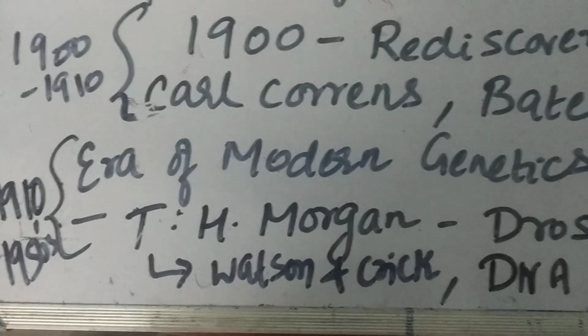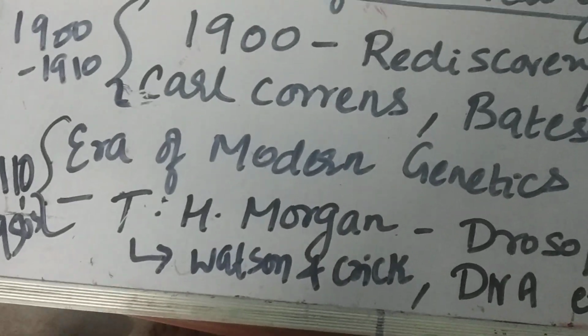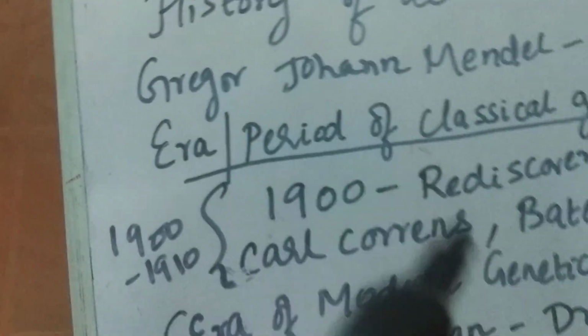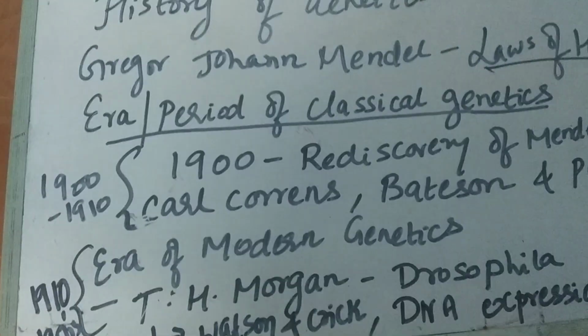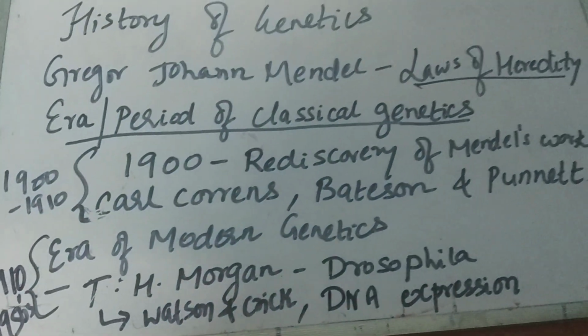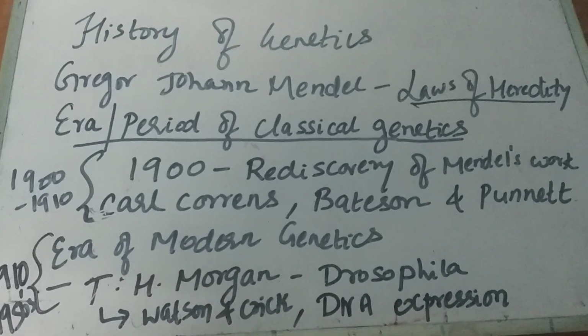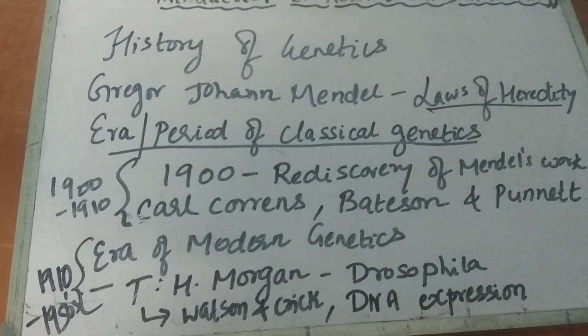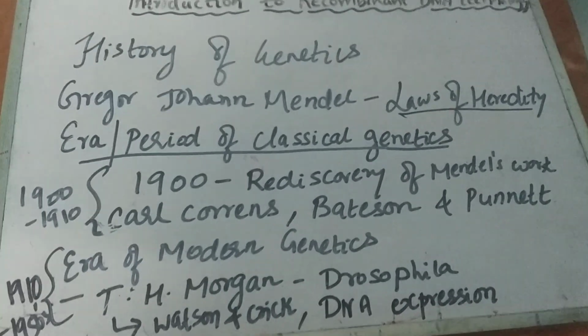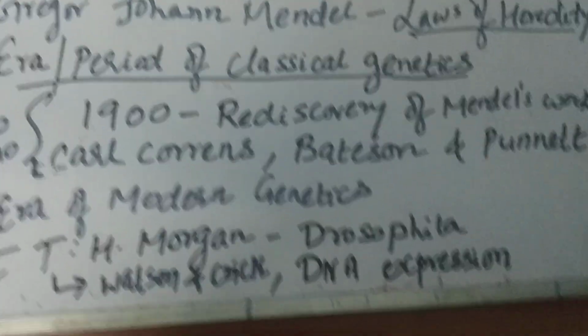Okay. Now, at the end of the 1950s and the beginning of the 1960s, this is what scientists thought: that probably there is nothing more to study in biology. This is the end of genetics. This is the end of biology.